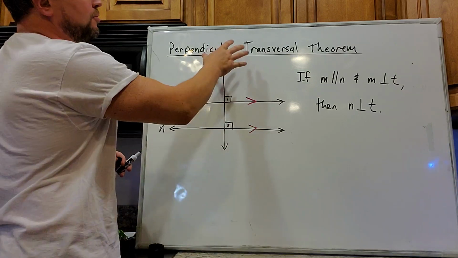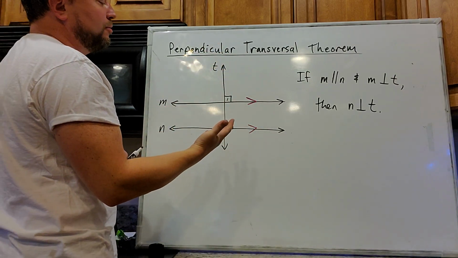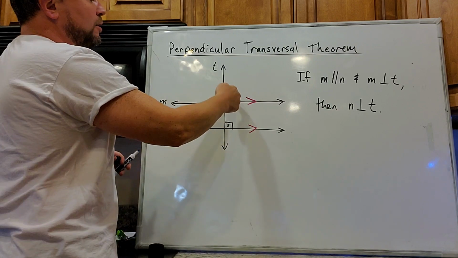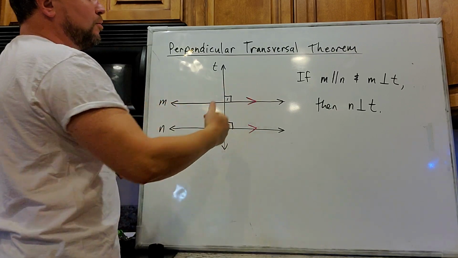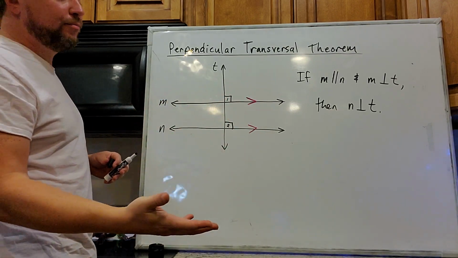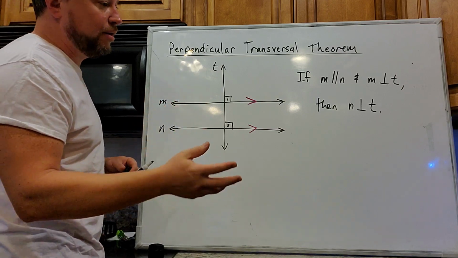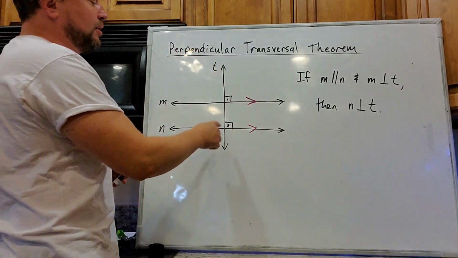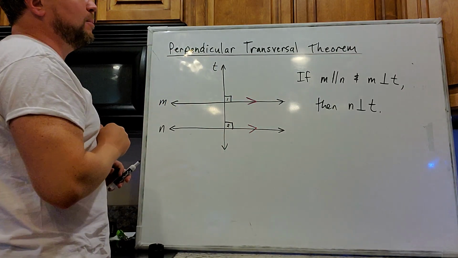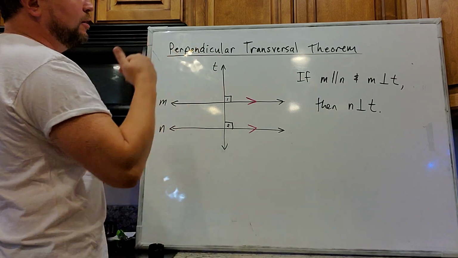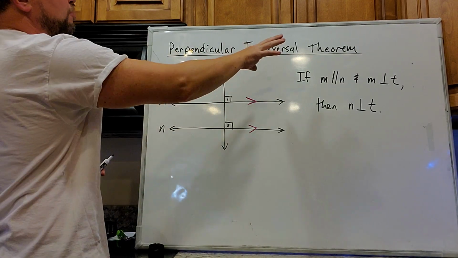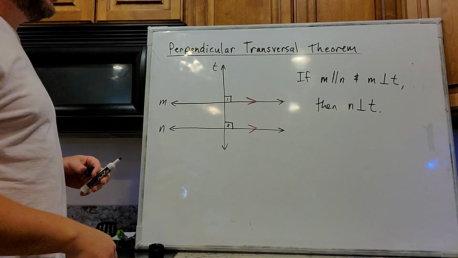So you could justify this theorem using just that idea alone. Previously we had learned that according to the corresponding angles theorem, I'm sorry, that was a postulate as well, the corresponding angles postulate, these two angles have to match. So if one of them is 90, the other is. But that's our perpendicular transversal theorem.